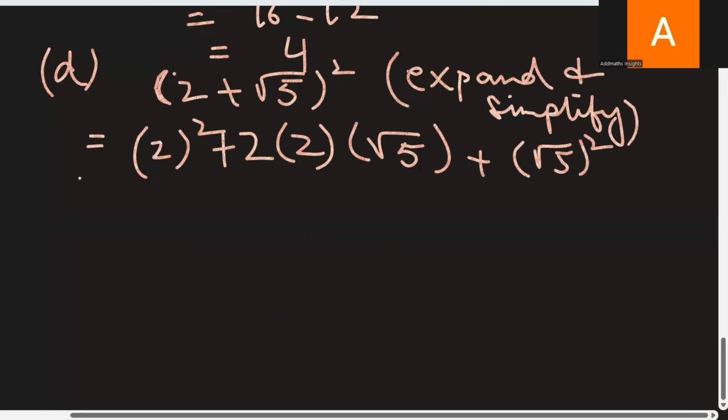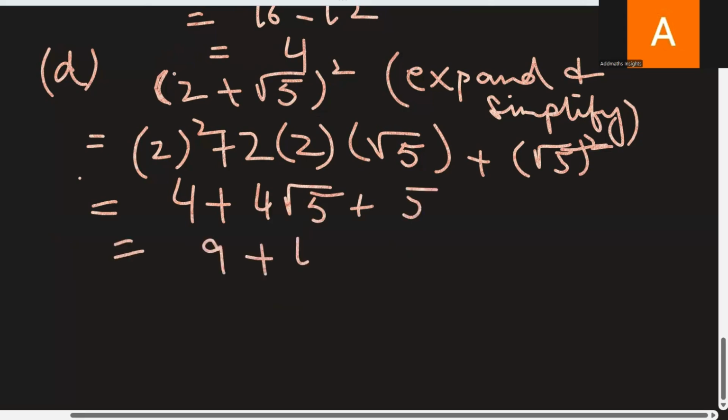Now 2 squared is 4. And this is 4 under root 5 plus the square root. When you take the square of square root 5, you are left with only 5. So 5 plus 4 is 9 plus 4 under root 5. So this is how you can expand and simplify.